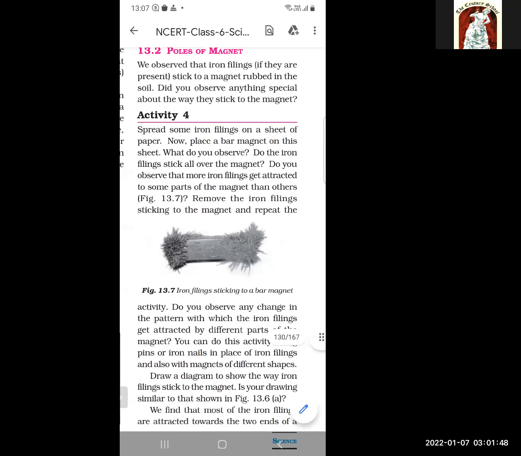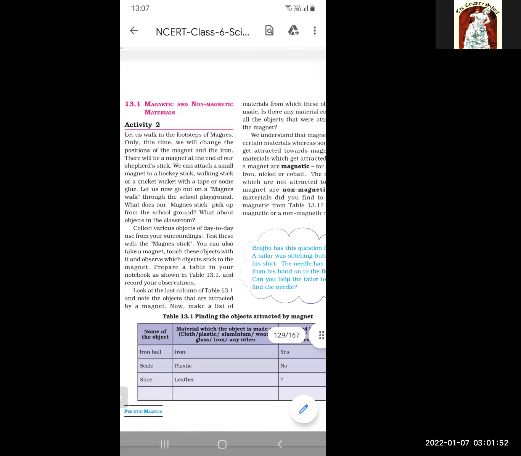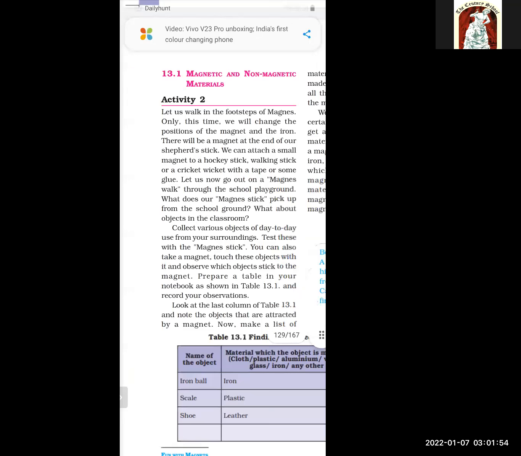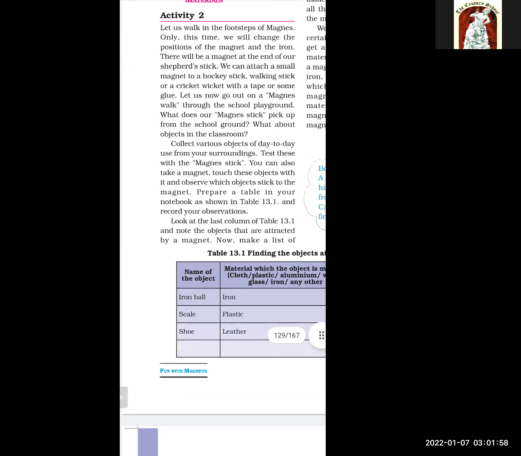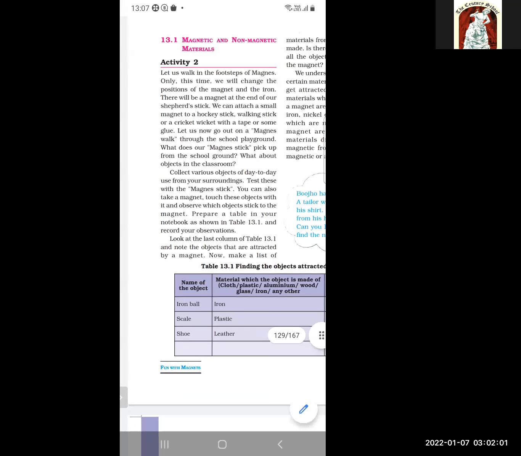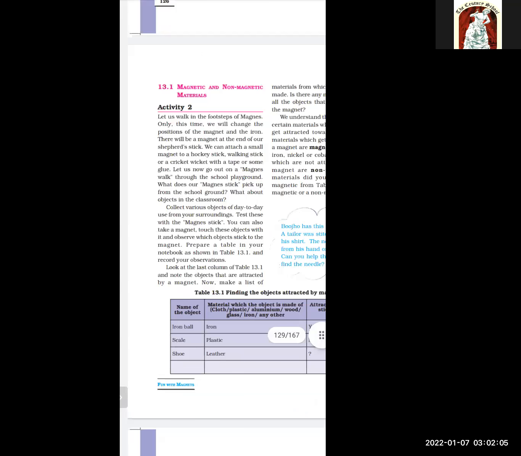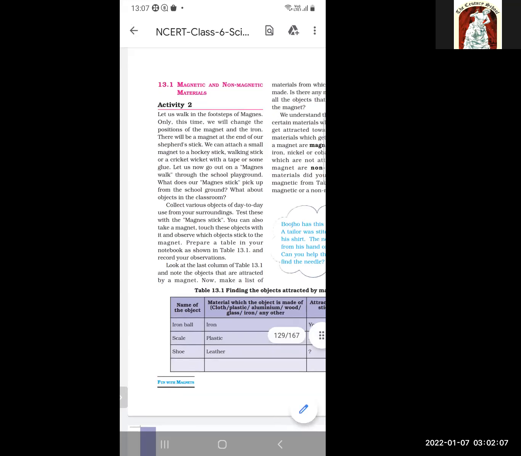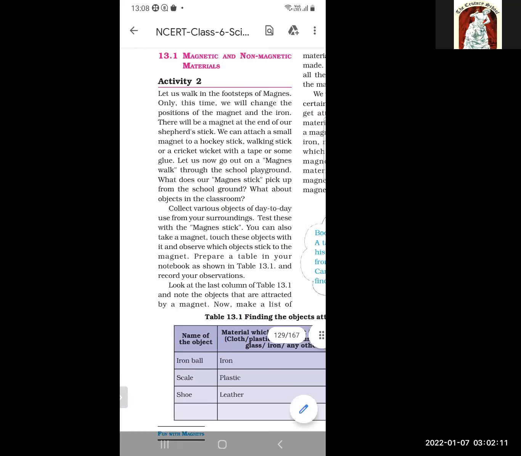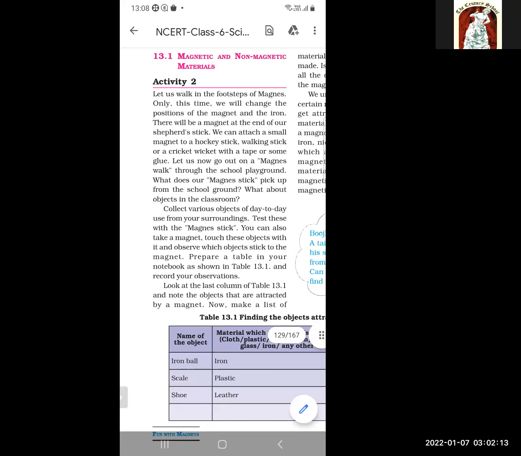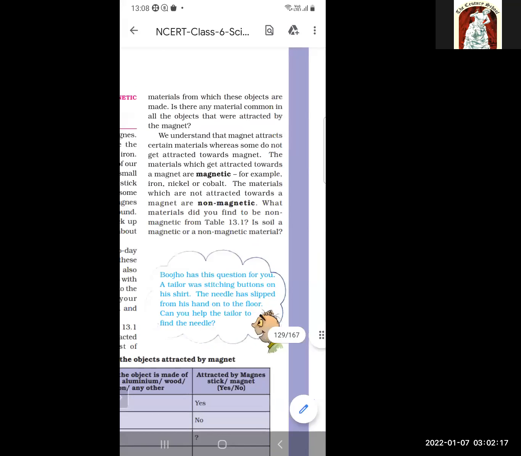So I'm revising all these things. First is magnetic material and second is non-magnetic material. What do you mean by magnetic material? The materials which are attracted by the magnet are called magnetic materials, and the materials which are not attracted by the magnet are called non-magnetic materials. Examples of magnetic materials are iron, nickel or cobalt.